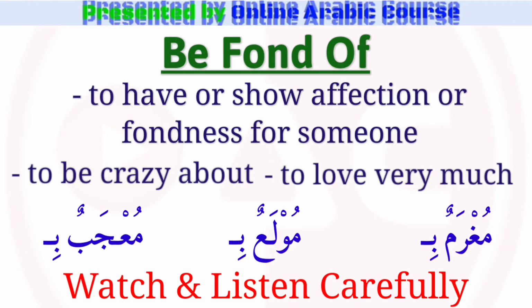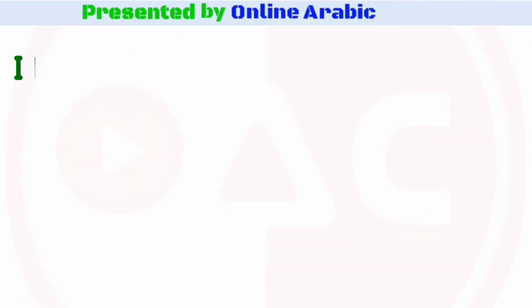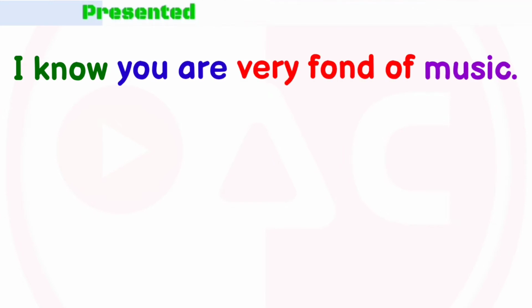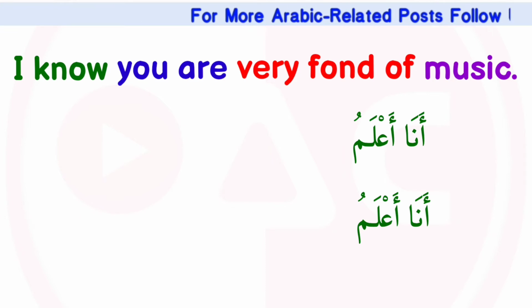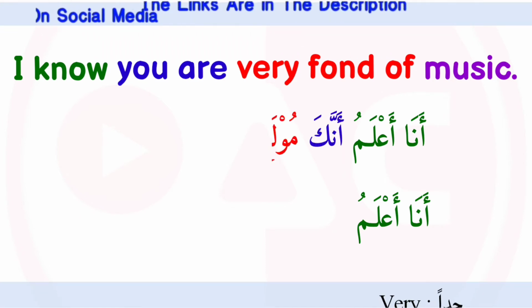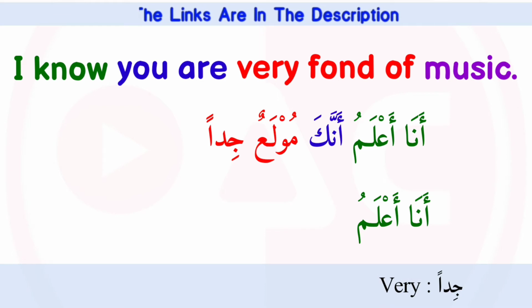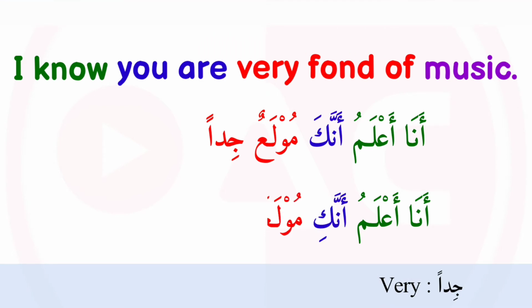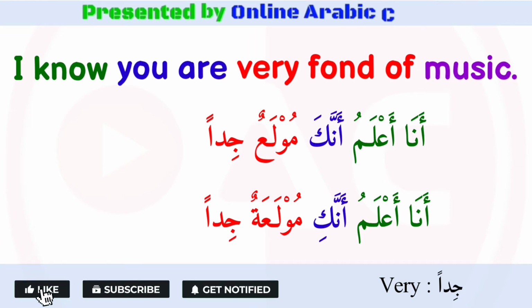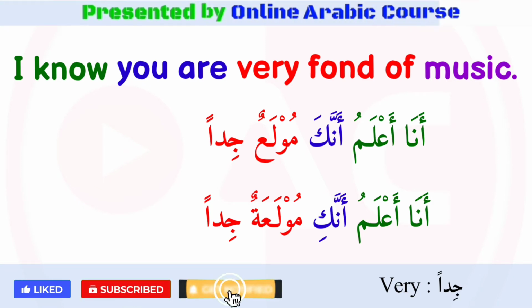Alright, the first example is I know you are very fond of music. I know, أنا أعلم. You are very fond, أنك مولع جدا, or أنك مولعة جدا. أنا أعلم أنك مولع جدا, and أنا أعلم أنك مولعة جدا.